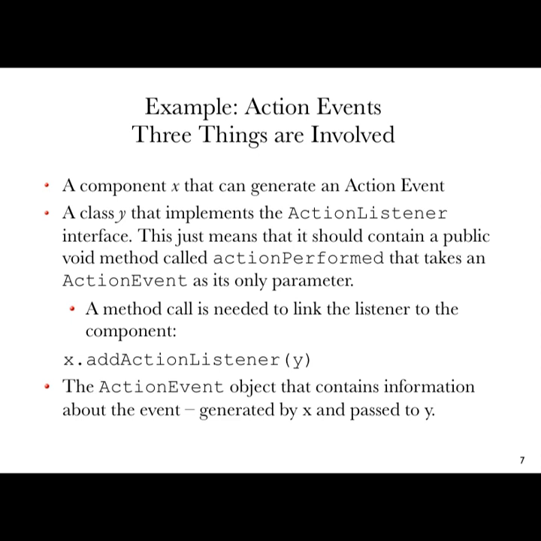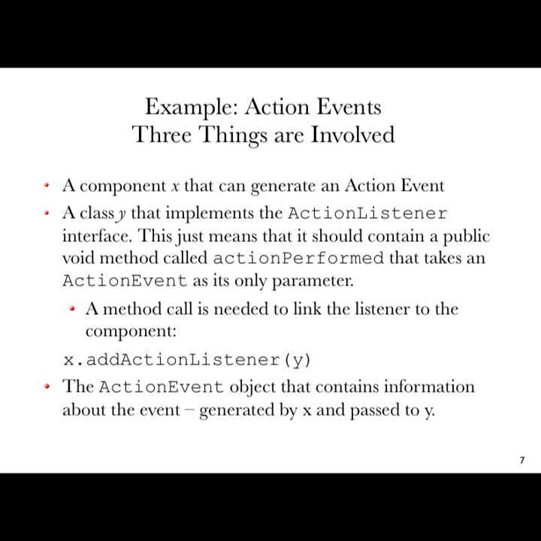That will be an extension of this ActionListener interface. What this interface specifies, primarily, is a method called actionPerformed. You override that to say what happens when that particular action has happened.